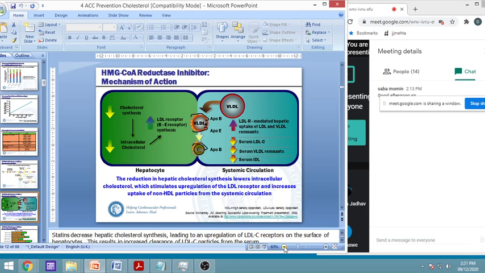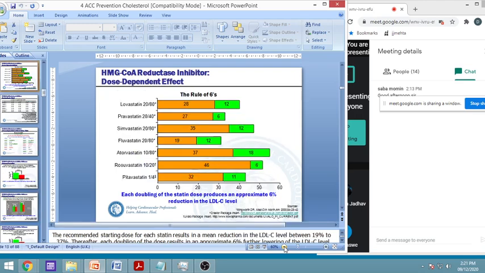The reduction in hepatic cholesterol synthesis will lower intracellular cholesterol, that will stimulate upregulation of the LDL receptor, and it will increase the uptake of non-HDL particles from the systemic circulation, and because of that the HMG-CoA reductase activity will be reduced. Now this is very good information on how much change is caused if the dose is increased. Each doubling of the statin dose produces approximately a 6% reduction in the LDL-C level.